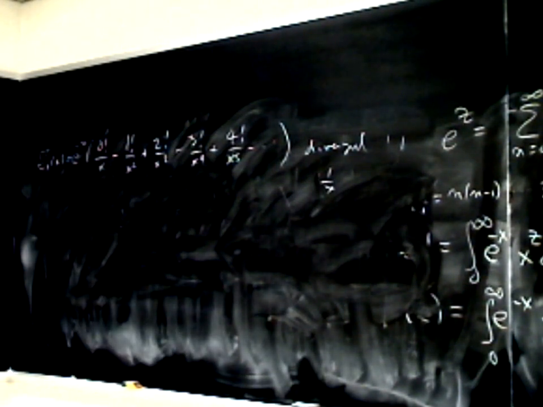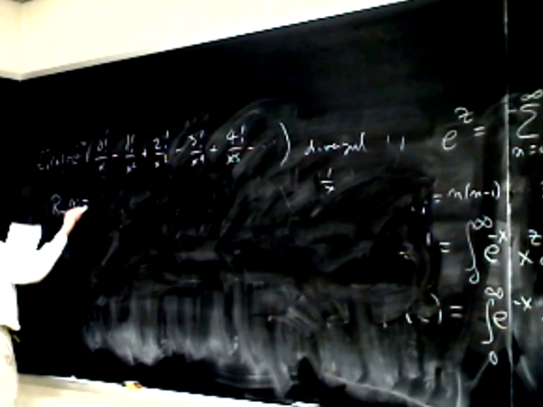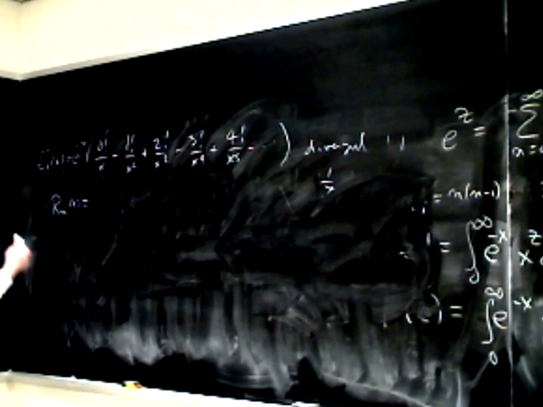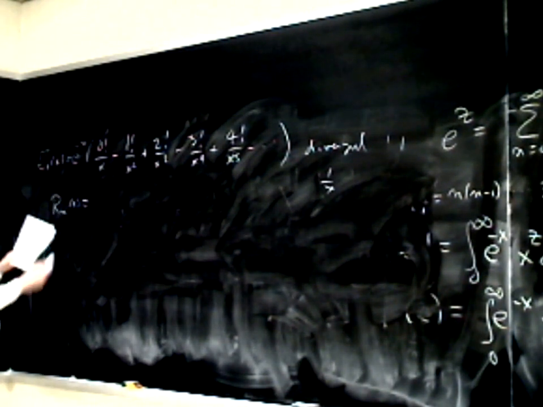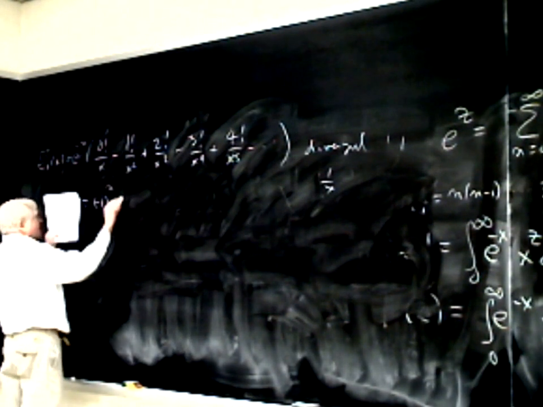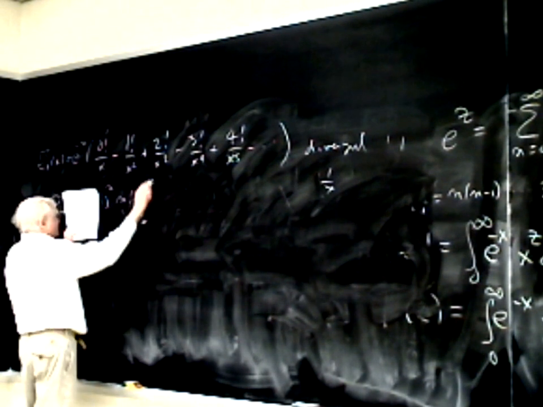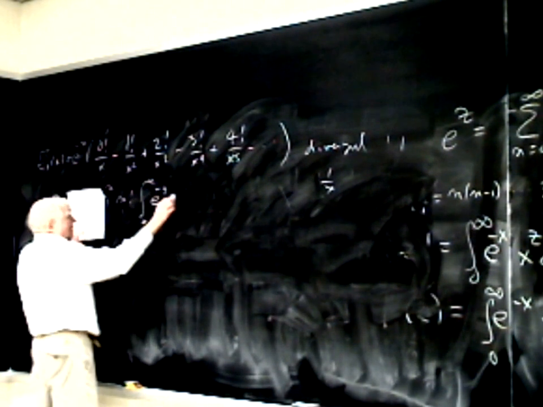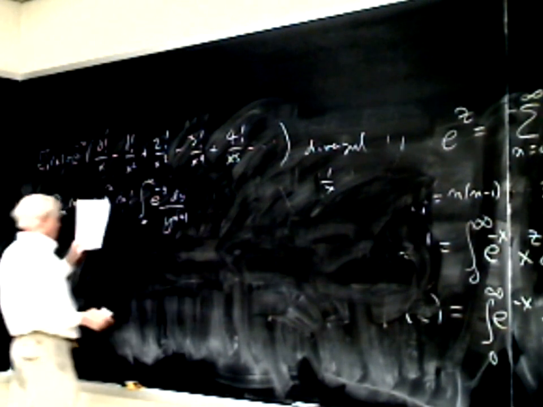And the remainder, R sub n of x, which is to say E1 of x minus this thing carried out in n terms, is minus 1 to the n, n factorial, integral from x to infinity of e to the minus y dy over y to the n plus 1.